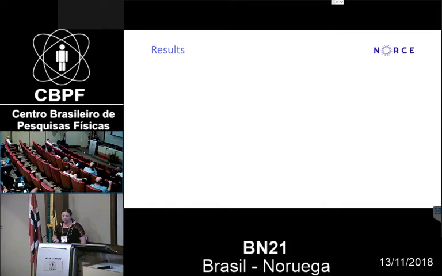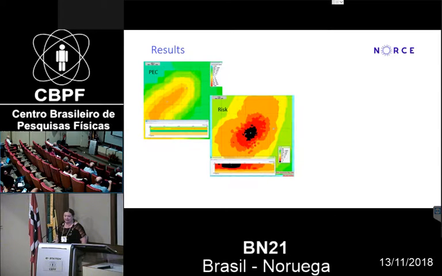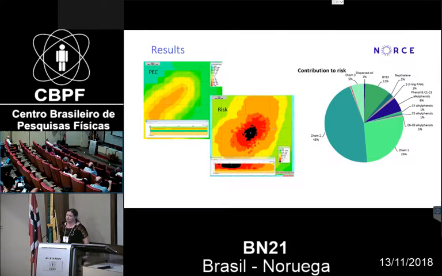What you can get out of the model then is the PEC. So it predicts the fate first. So you have your environmental concentration in the water column and your risk. So you can see the distance from your site that you're affecting potentially the environment. And the piece that is very useful for the oil companies is that you also get the contribution to risk.